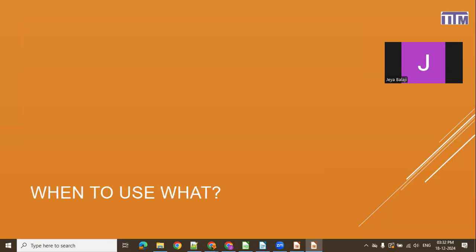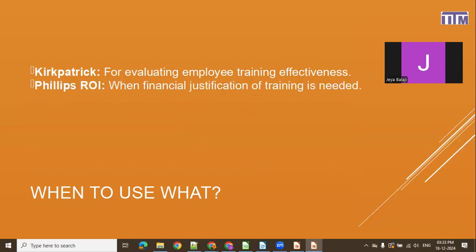When should we use which tool? Kirkpatrick's is for evaluating employee training effectiveness, and Phillips is for when financial cost needs to be justified for the training. In those cases, we need to use this ROI model.